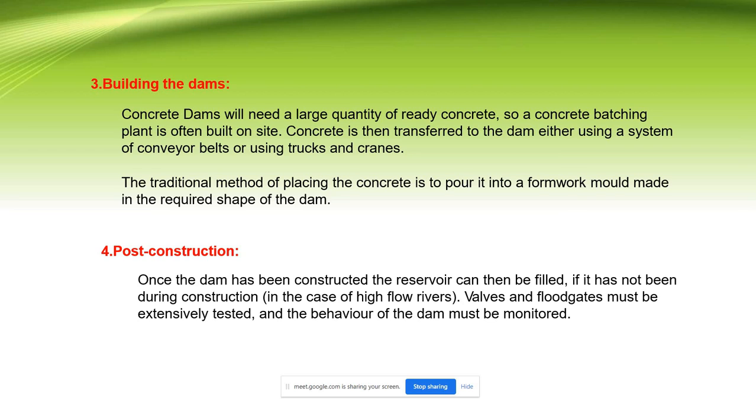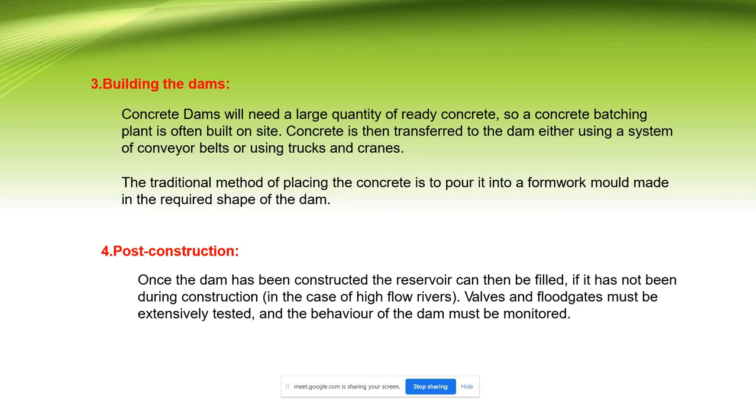Once the dam has been constructed, the reservoir can then be filled. If it has not been done during construction, walls and floor gates must be extensively tested and their behavior monitored.